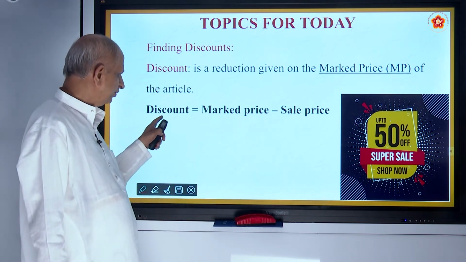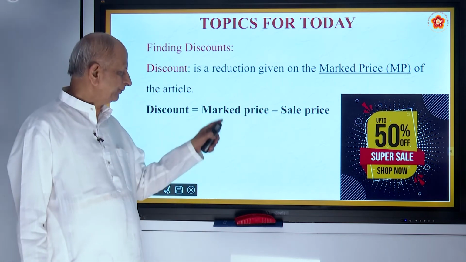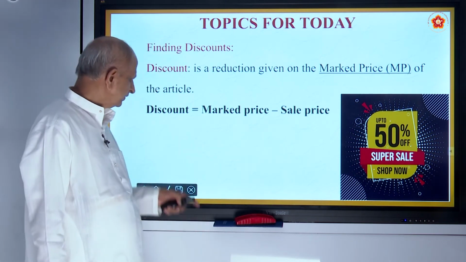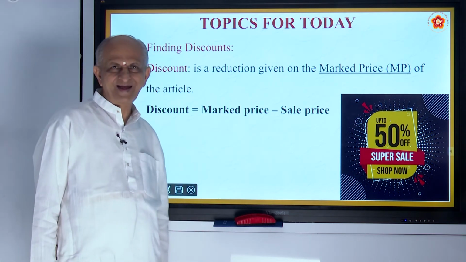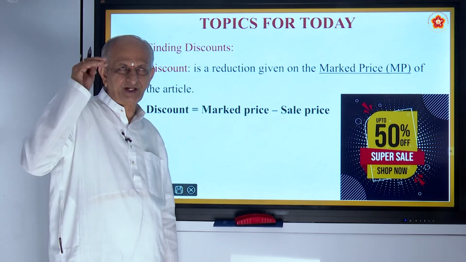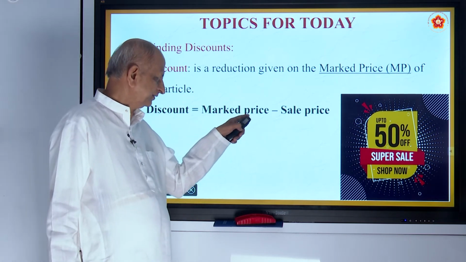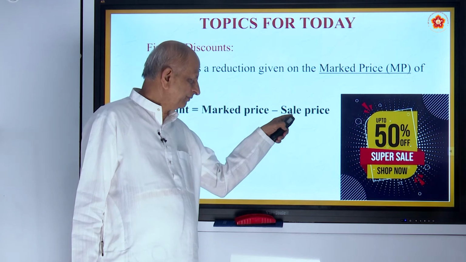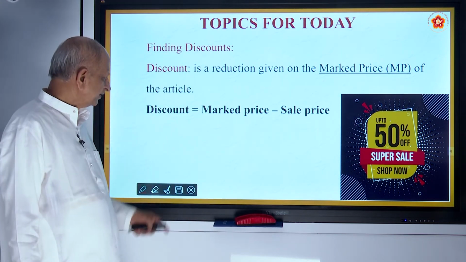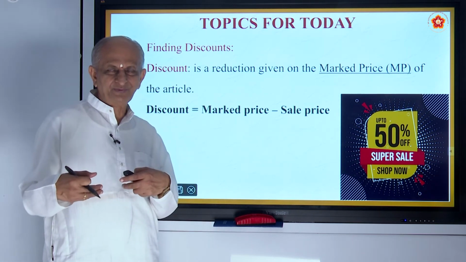So discount is equal to market price minus sale price. So a 15 rupees pen sold for 10 rupees means the discount is 5 rupees. Correct? The cost of the shirt is say 300 rupees, marked on that, and he is dealing for 250, 50 rupees decreased. It is called discount.